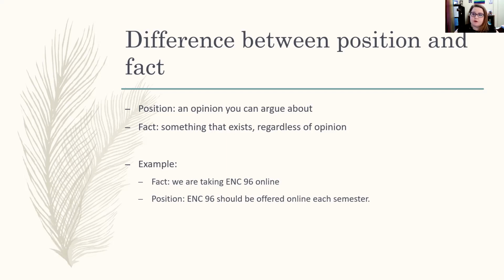This course is an online course, and it's an ENC 96 course. A position could be ENC 96 should be offered online each semester, or ENC 96 should not be offered online each semester, whichever way you want to go with that topic. But the difference is that there are perspectives that can be brought out for the other side.